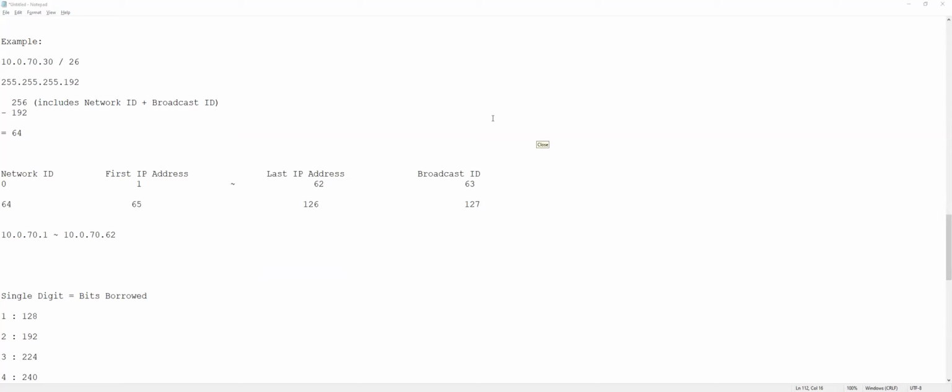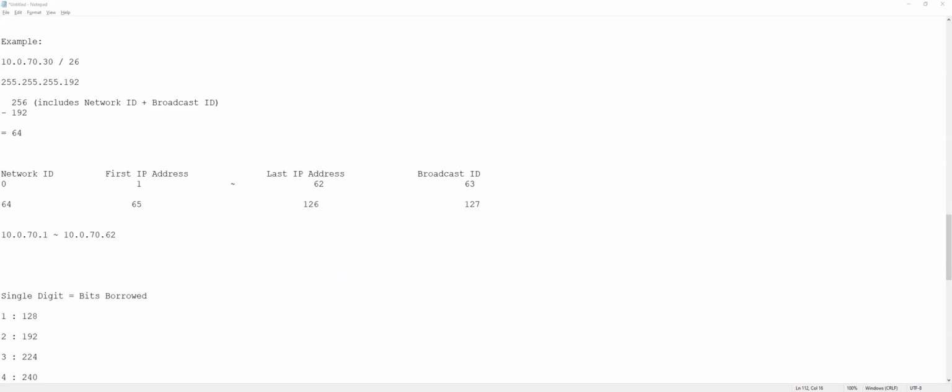Yeah, sure. Just any normal, typical one. 172.21.0.0. All right, and what's the subnet mask?